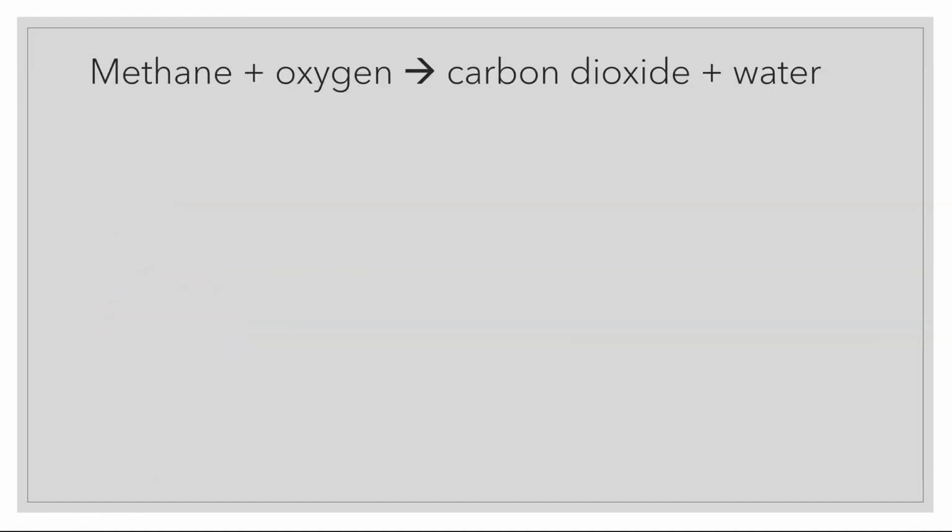Okay, so let's have a look at this equation. It says methane plus oxygen gives carbon dioxide and water. So that is our word equation. And a mistake that I see in school a lot is people will write methane, a word, plus oxygen, a word, and then they'll put a symbol here. If you've got a word plus a word, these parts have to be words.